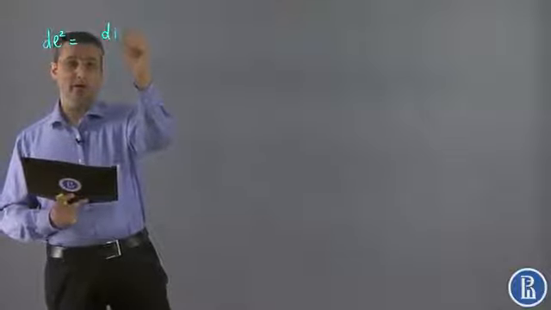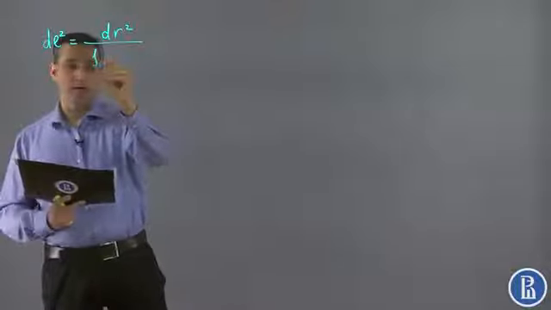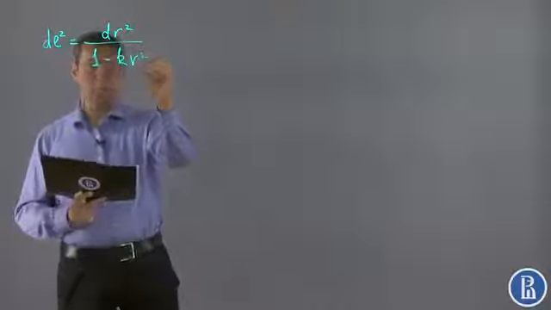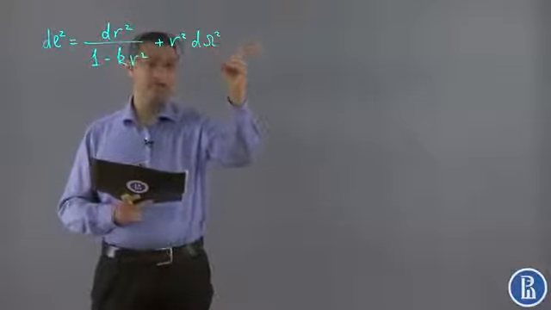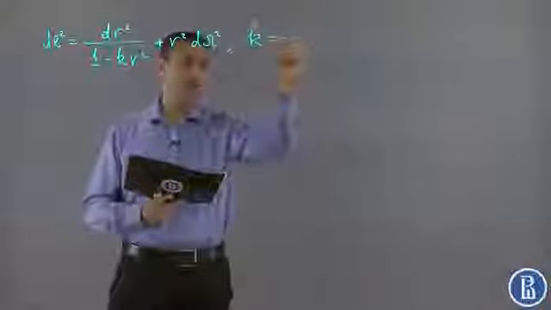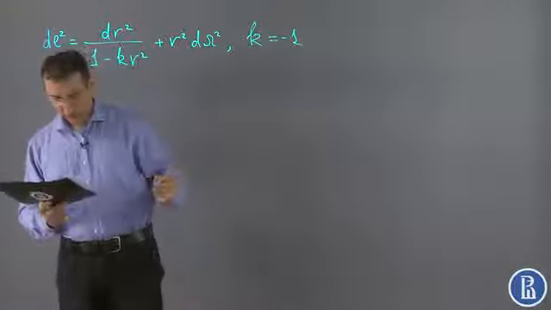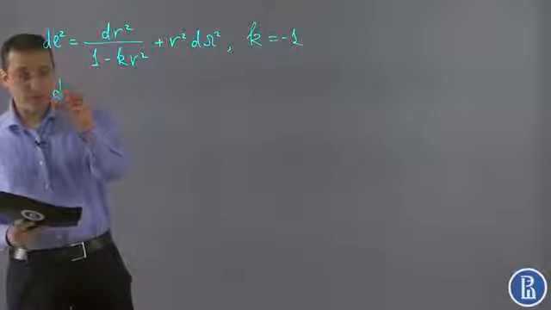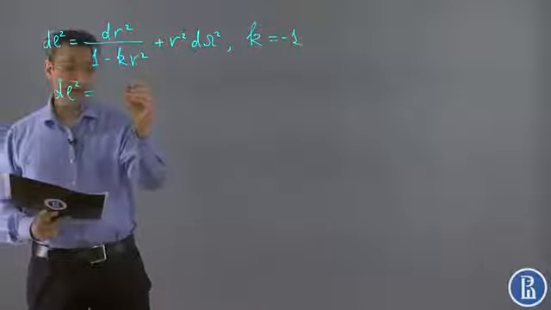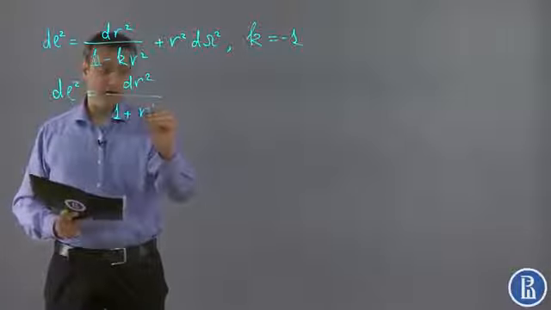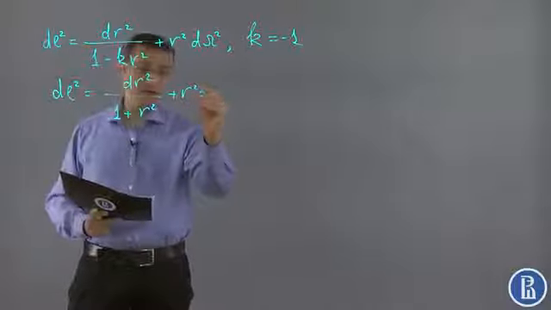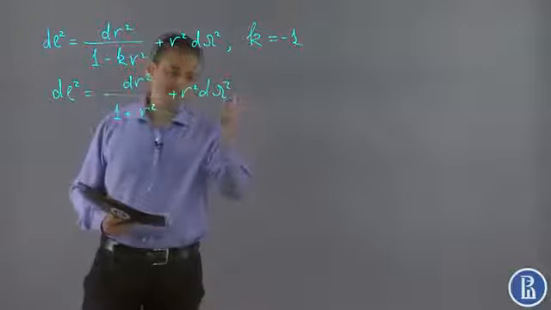So finally, we have to discuss this metric, dl squared equals dr squared over 1 minus k r squared plus r squared d omega squared, for the case that k equals -1. So in this case, we encounter dr squared over 1 plus r squared plus r squared d omega squared.